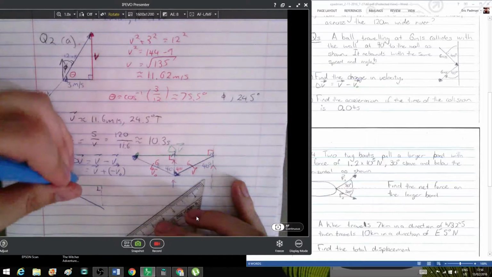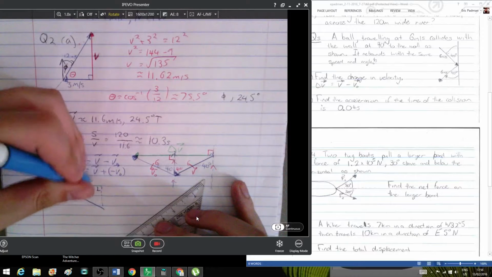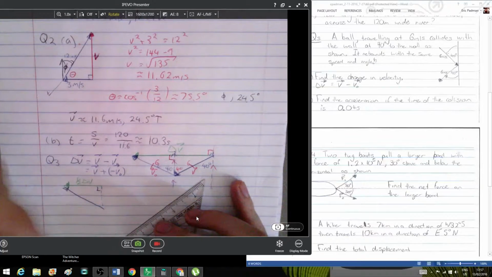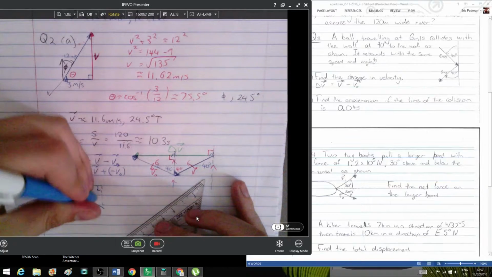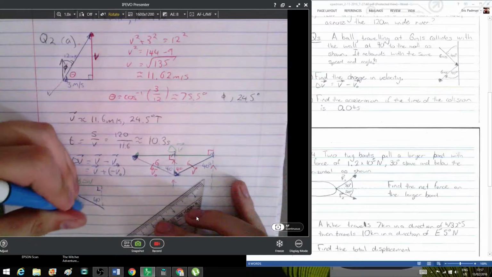So that now is half delta V. You've got 40 degrees, and you've got 6 meters per second.